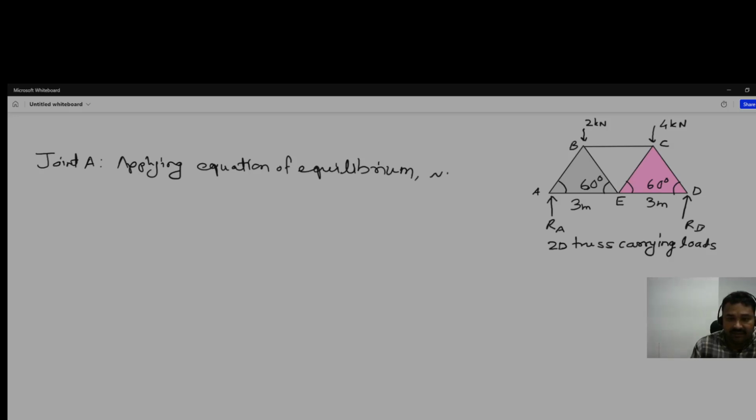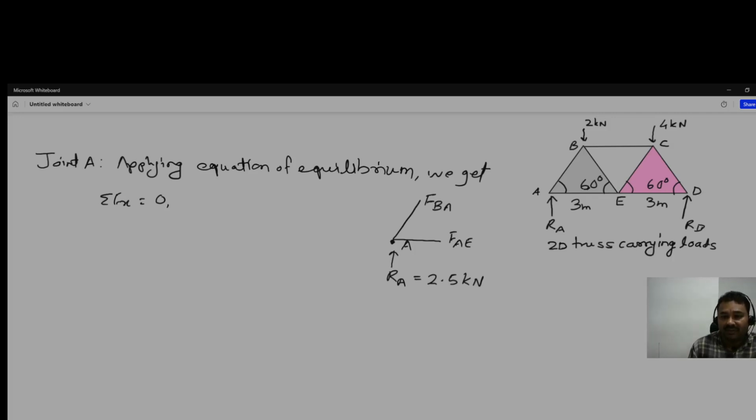we get summation of Fx is equal to 0. And this is the joint A, this is your RA is equal to 2.5 kilonewton, and this is one force, this is another force, and the names, this is FBA, this is FAE.